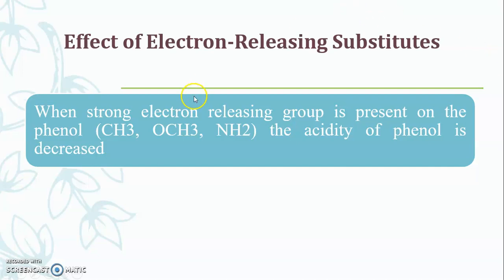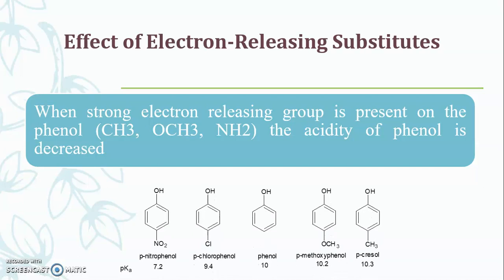So when electron releasing groups are present on the phenol, for example alkyl group, methoxy group, NH2 group, the acidity of phenol is decreased. All these groups are electron releasing substituents. These groups are classified according to our resonance theory as well as the inductive effect and the resonating effect. Here also we have seen different examples of how the change in acidity is observed.